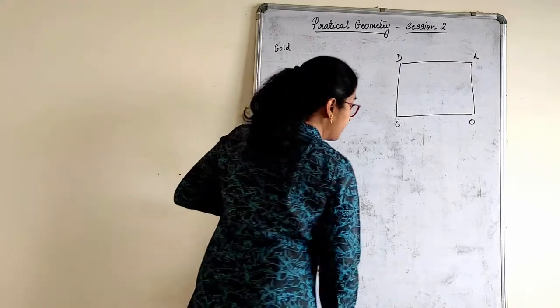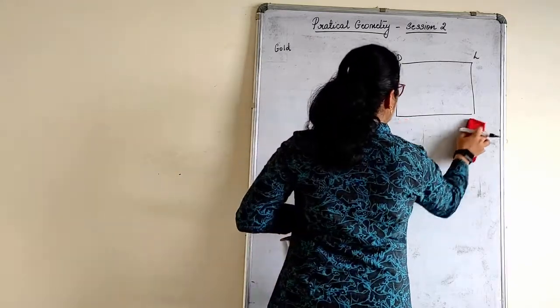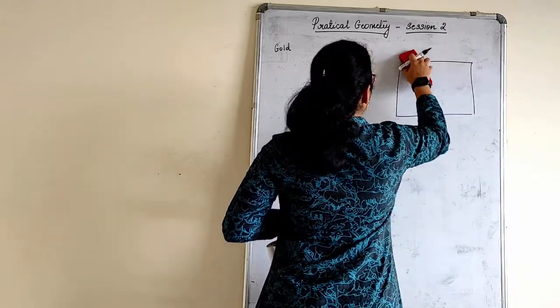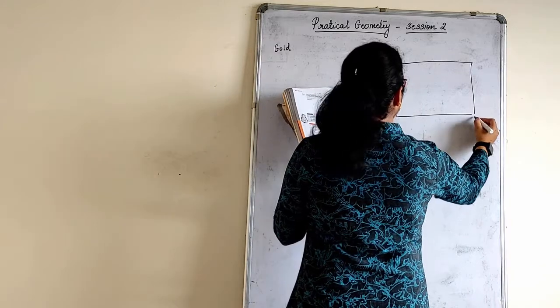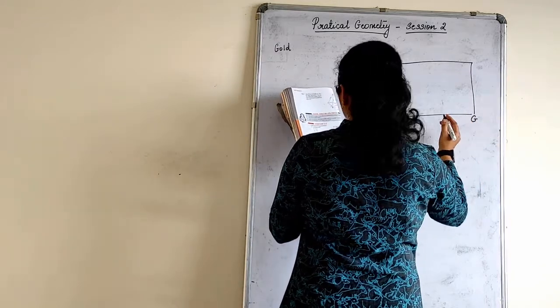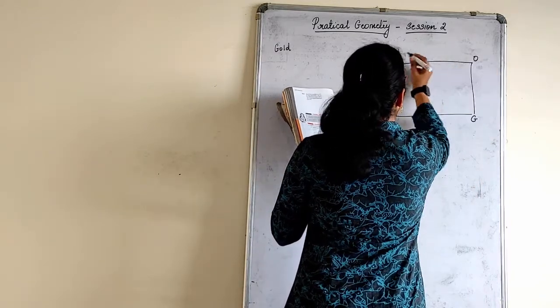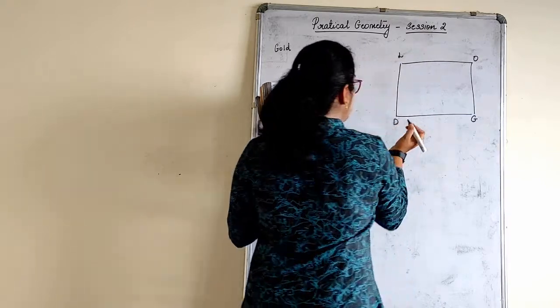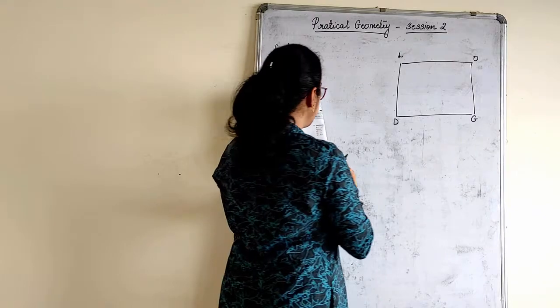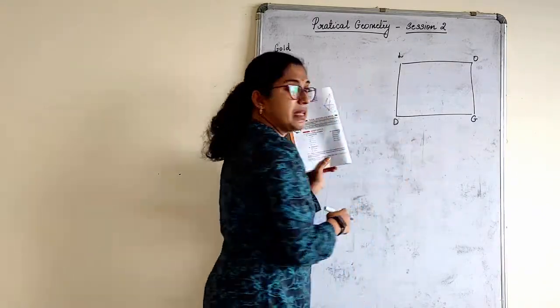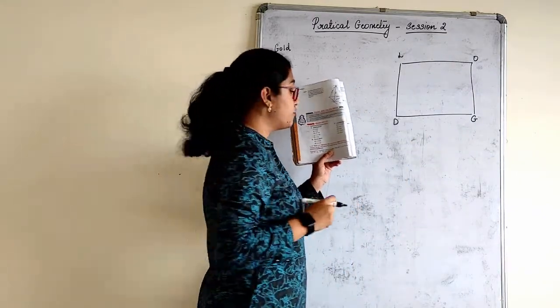So what I will do is change the vertices. Shall I make GOLD? I think that is fine, because GD is given, that is GD or DG, the same. I have something as a base, which is more important.